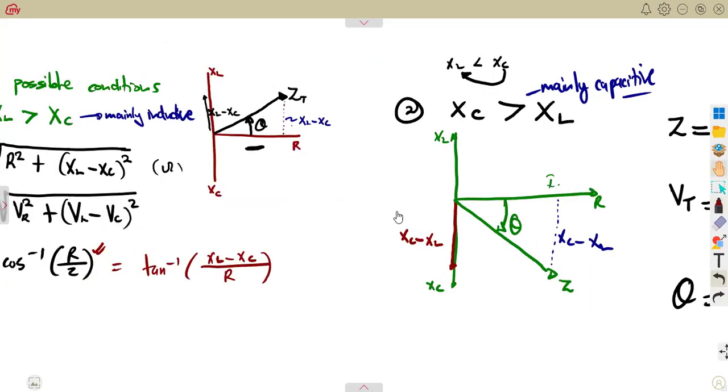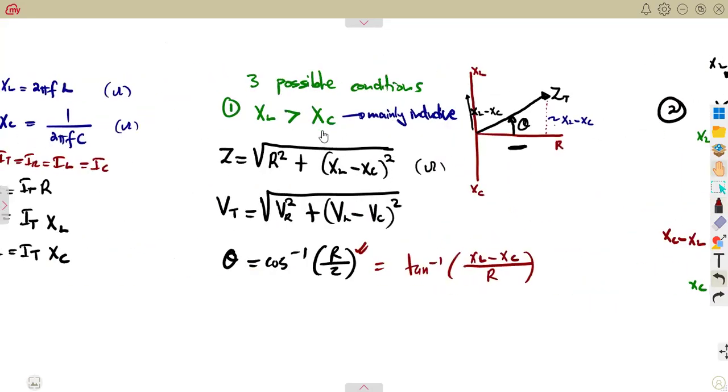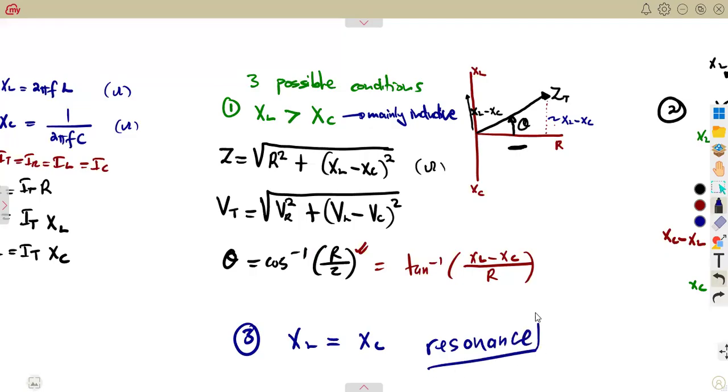These are the two cases that you are supposed to consider. When XL and XC are equal, there will be resonance. When XL is equal to XC, this is a condition that we'll talk about in another part, which is called the resonance of the RLC circuit.